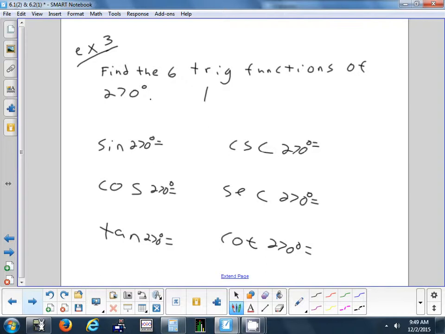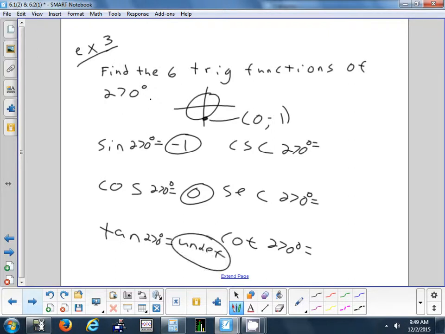This one, let's just find the coordinate. I'm not going to go through all of them. We could, they're not that hard. But where's 270? The negative y. So what's the coordinate for that? 0, negative 1. Sine? Negative 1. Cosine? 0. Tangent? Undefined, dividing by 0. Cosecant?